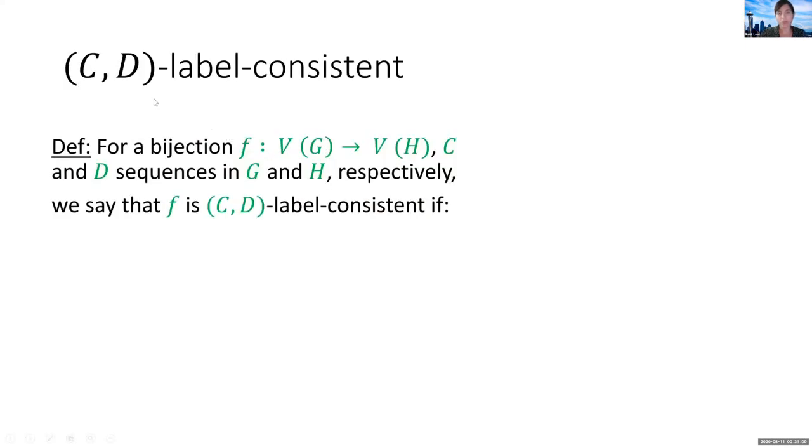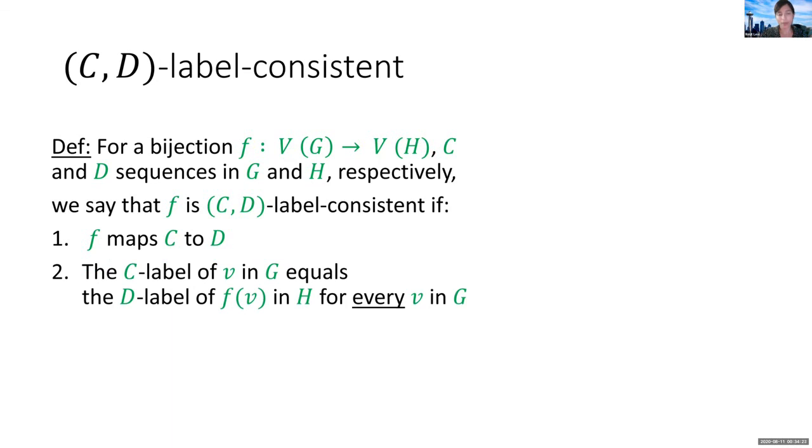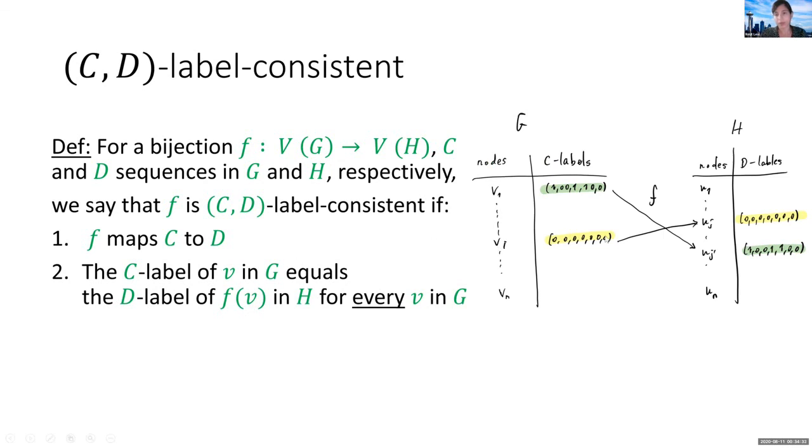We defined the notion of CD label consistent as follows. For a bijection F from the vertices of G to the vertices of H, and sequences C and D in G and H respectively, we say that F is CD label consistent if F maps C to D, and the C label of every vertex V in G equals the D label of F of V in H. Namely, F should map vertices in G to vertices in H such that the vertices agree on their labels.